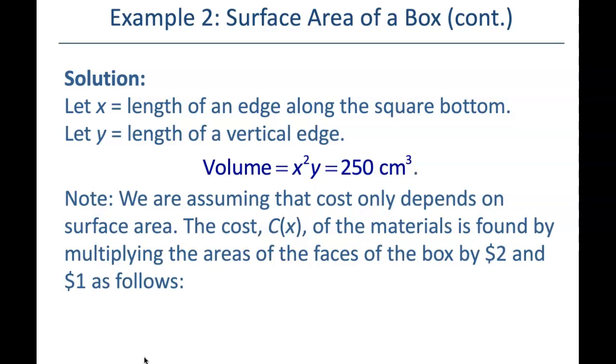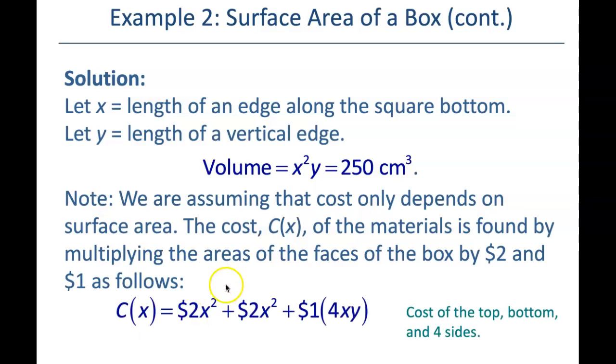That's how you add up the areas of the faces and you get surface area. But specifically, the top and the bottom are $2 and the sides are $1. So you've got $2 times x squared plus $2 times x squared, so that's the top and the bottom, okay, plus $1 times 4xy, and that's each of those four sides.